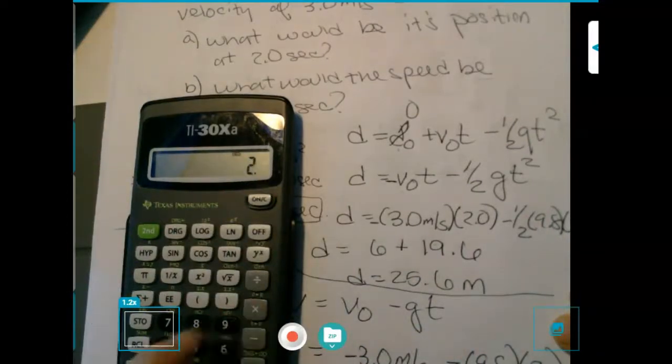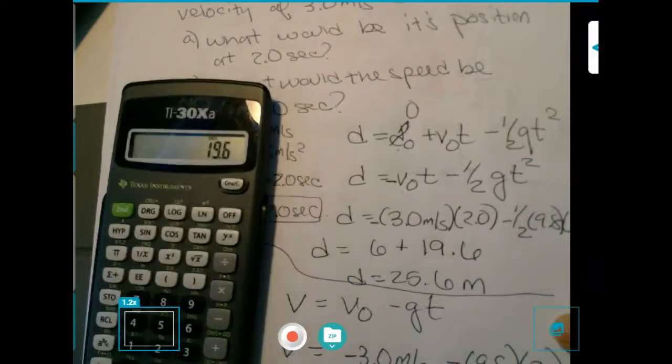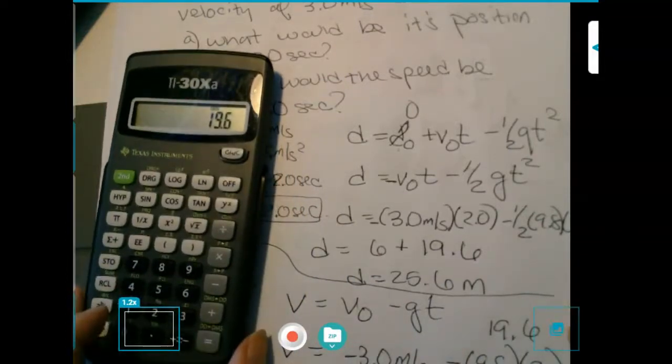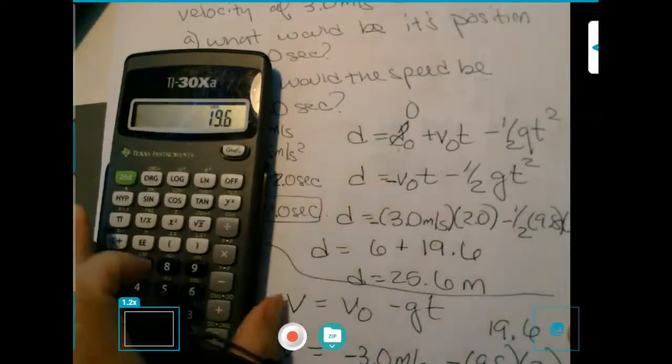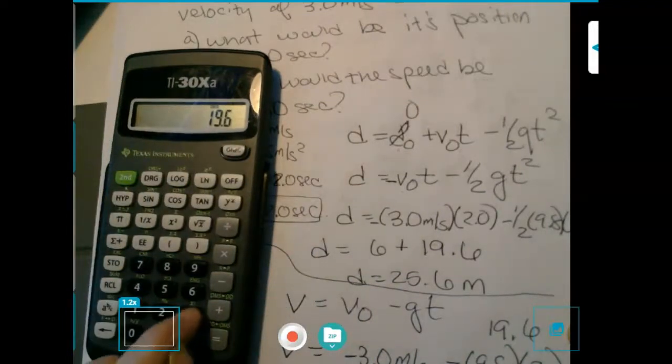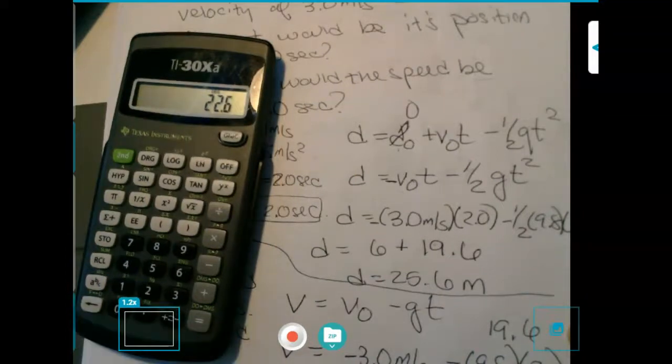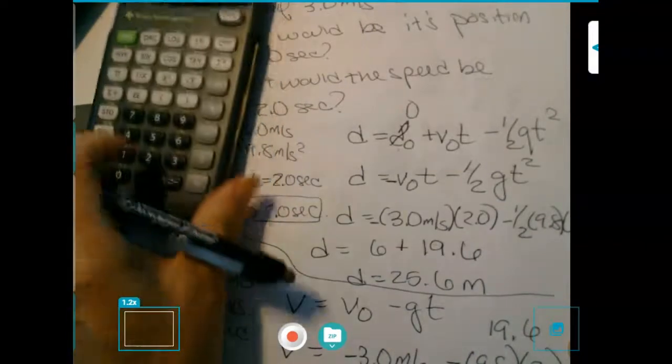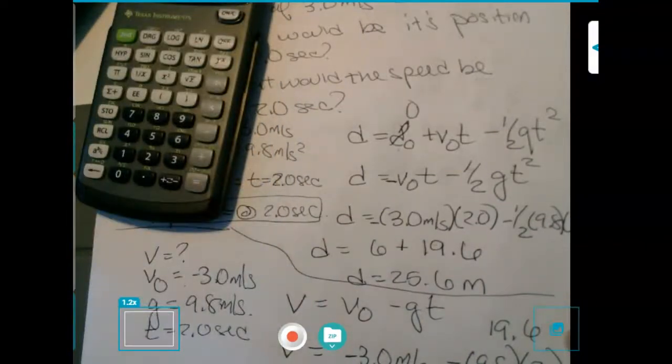So 2 times 9.8 equals 19.6. So you've got 19.6 plus 3. So the final velocity is going 22.6 meters per second. And we're going to call that a negative because that means the direction is down.